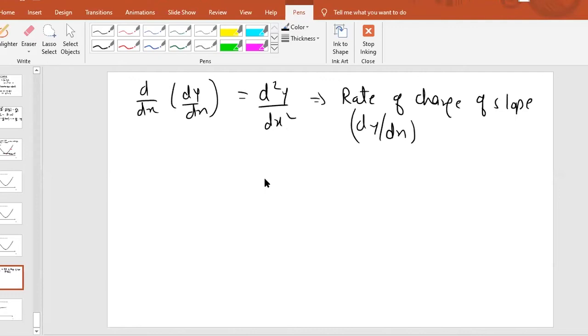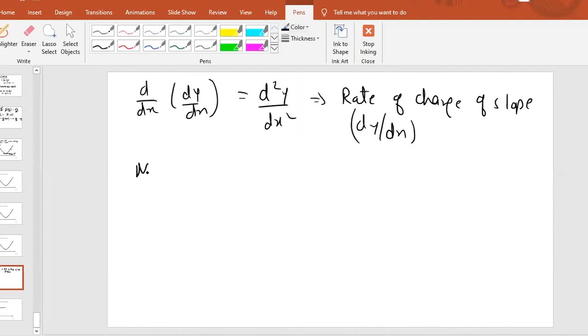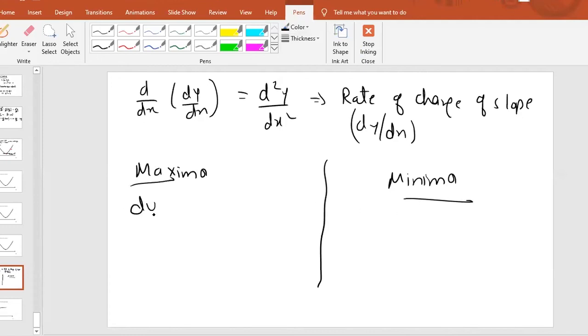Now for the maxima condition, and I will write there minima. For maxima and minima, one condition should be there: dy by dx should be 0 for both the cases.